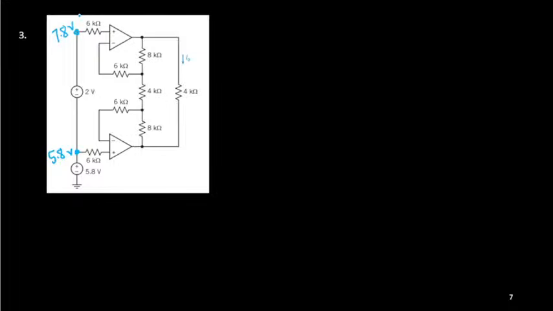Next, my question is, what is the potential here? Can you find the potential here? Okay, at this node, suppose I give the name, this is A, this is B. So what is VA and VB? These two.